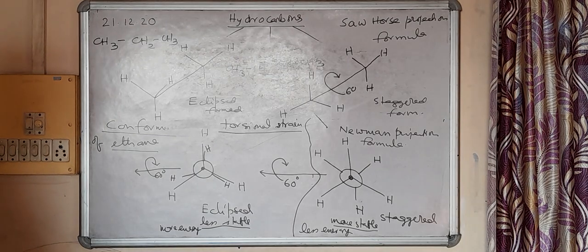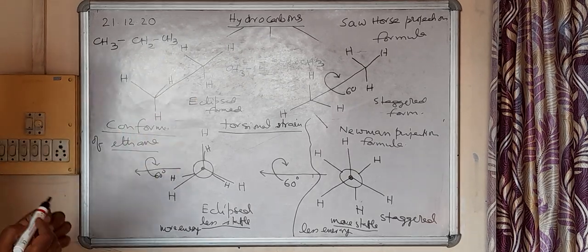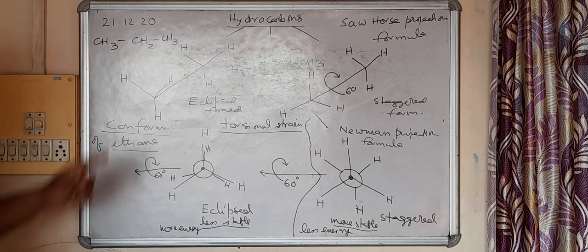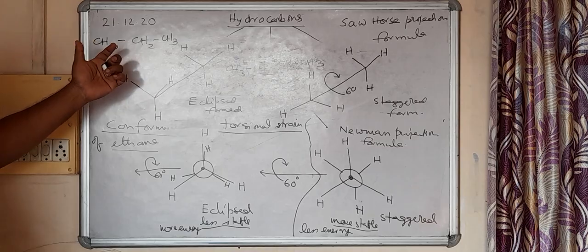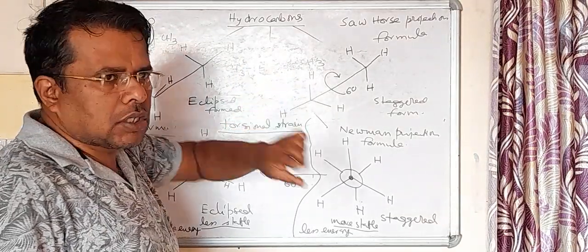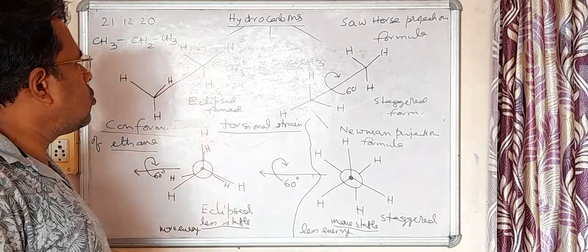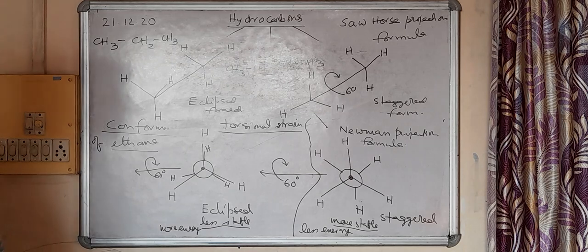A question that arises is: rotation about which carbon-carbon bond should you consider? This carbon is there, this carbon is there, or here this carbon is there, this carbon is there. Which carbon rotation should you consider to get the different forms? That is the first thing you should know.